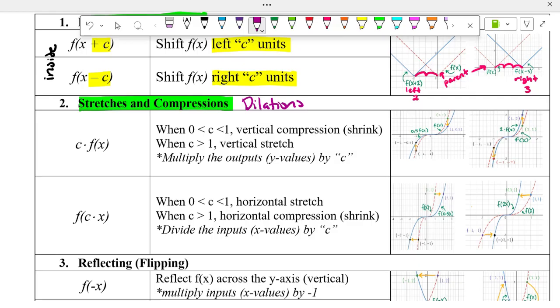First off, we have our vertical dilations, which come from here. Now, with the vertical dilations, your C value, if you notice, is on the outside of the brackets. First off, if you have a C value between 0 and 1, what type of number is it?